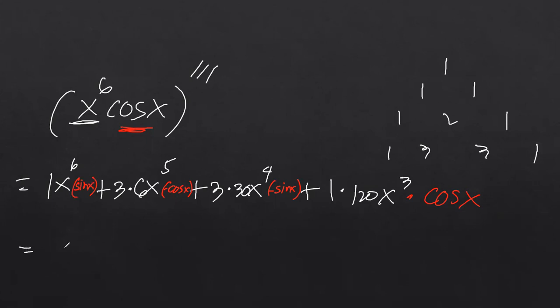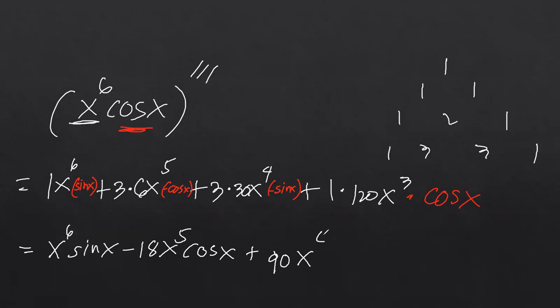So if you simplify it, it becomes x to the power of 6 sine of x plus 18 x to the power of 5, it's negative, by the way, negative 18 x to the power of 5 cosine of x plus, that is 90 x to the power of 4, negative as well, negative 90 x to the power of 4 sine of x plus 120 x cubed cosine of x.